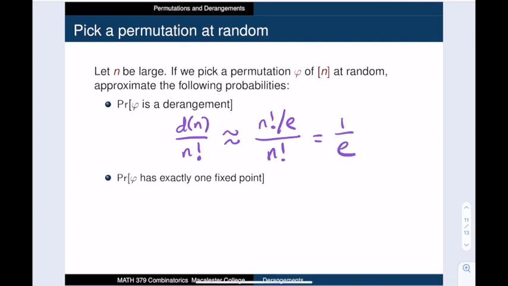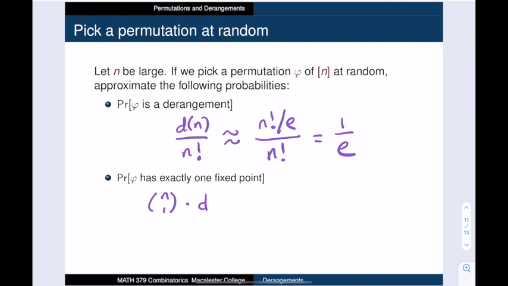All right, so what's the probability that we have one fixed point? Well, we're going to need to come up with a recipe for creating a permutation with exactly one fixed point. And so here's what I'm going to do. I'm going to pick the one element that is going to map to itself, so I can do that in n choose one ways. And now I'm going to take a derangement of the rest.